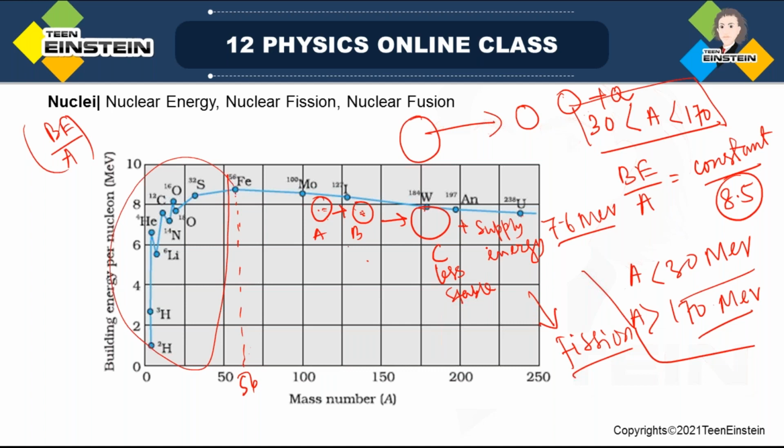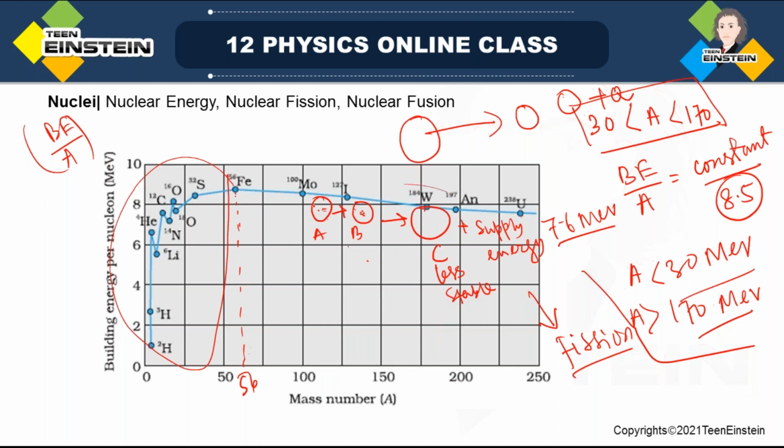So this is called a fusion reaction, when two smaller nuclei are fused to make a bigger one. In that case, either energy is released, or energy can be absorbed. This binding energy per nucleon curve will help you understand which nuclei have to be fused to get a bigger nucleus with energy released.